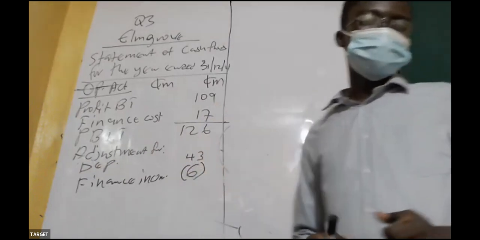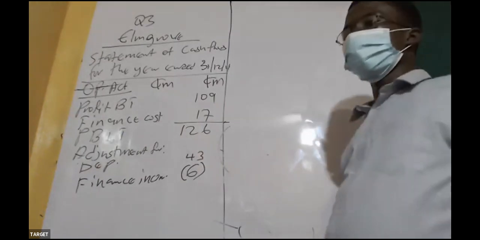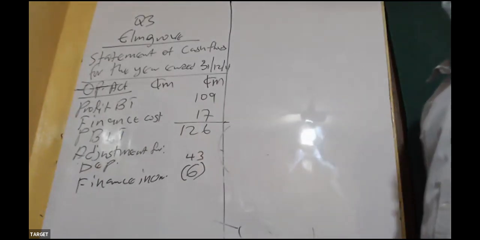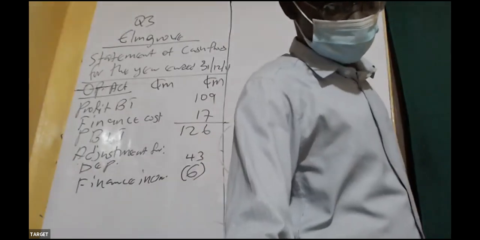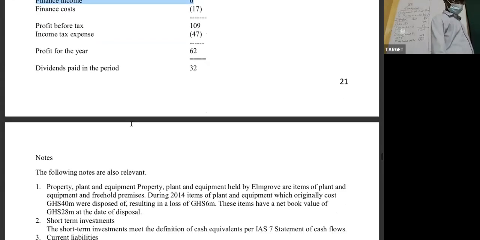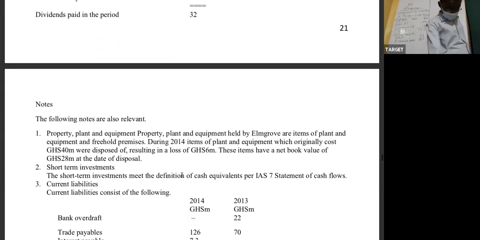From here, I must calculate profit or loss on disposal. In fact, they told me loss on disposal. Let's go to the note that says that. Note number 1 says that during 2014, items of land and equipment, which originally cost 40 million, were disposed of, resulting in a loss of 6 million.